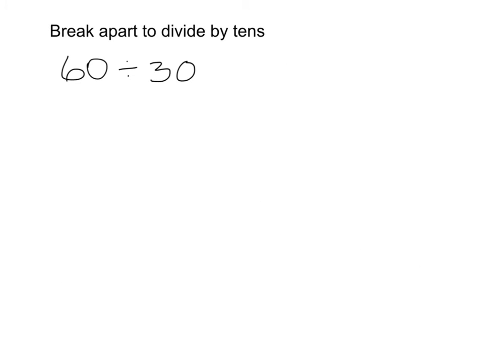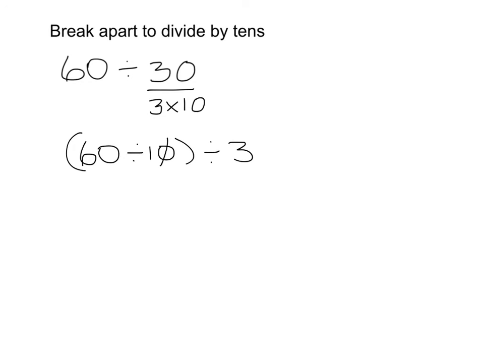To divide by a multiple of 10, we're going to break this 30 into 3 times 10. This time we're going to divide by the 10 first. So we're going to take 60 divided by 10 first, and then divide by 3. That will help us knock off the 0 to get 6 here first, and then 6 divided by 3 is 2.